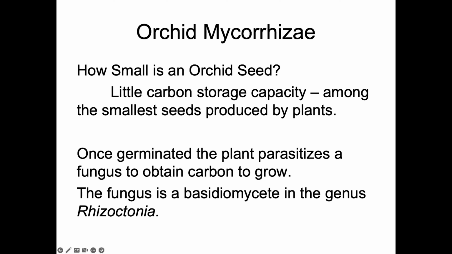So what happens is our orchid seed germinates, colonizes, the fungus forms a relationship with its root, and the plant doesn't give the fungus carbon, the fungus gives the plant carbon until the plant is big enough to start photosynthesizing enough for it to switch.